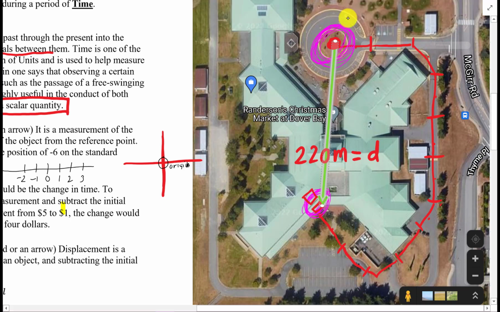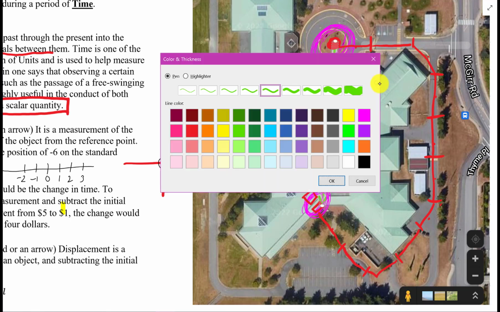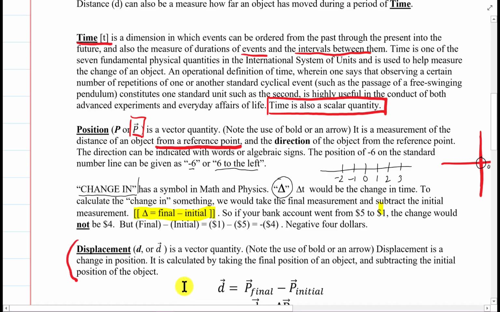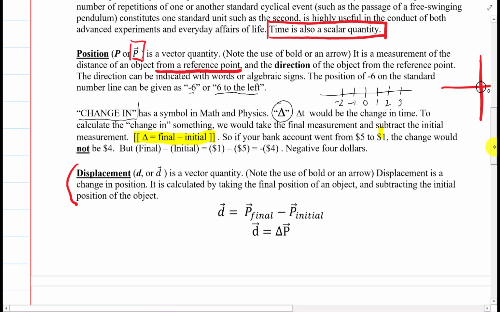Maybe I can just highlight it this way. Let's make it bigger. That represents the displacement, because this is where we started and this is where we ended. And that would be the displacement: final position minus the initial.